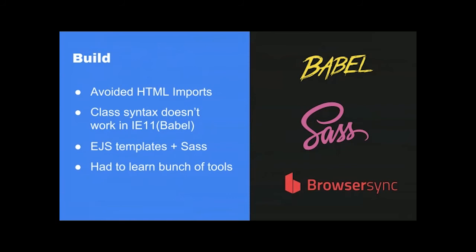The other problem was IE11 doesn't support the class syntax, which you need for custom elements v1. So I had to use Babel just to convert it so that IE11 would support it. I'm using EJS templates to do quick little HTML builds. I did use Sass. I actually do like Sass, because I wasn't going to polyfill CSS variables. But I spent a lot of time learning a bunch of tools in order for this to happen.